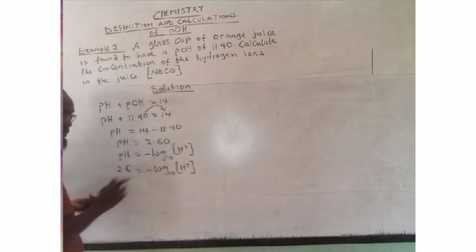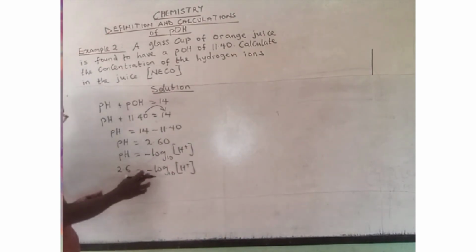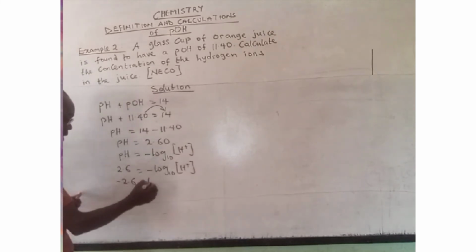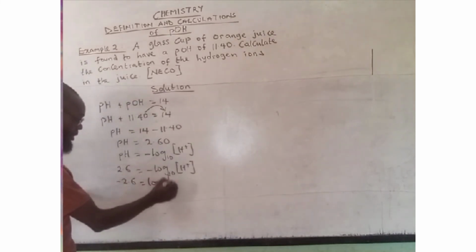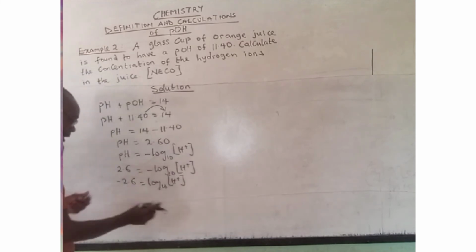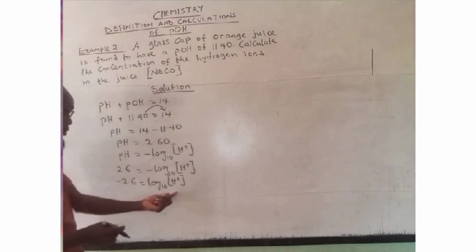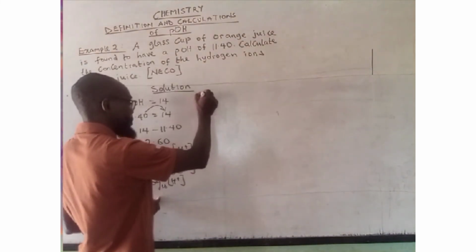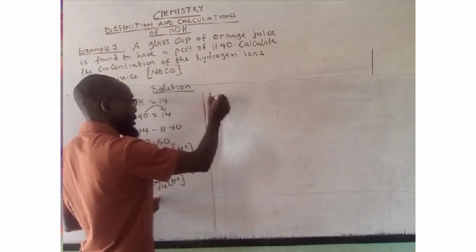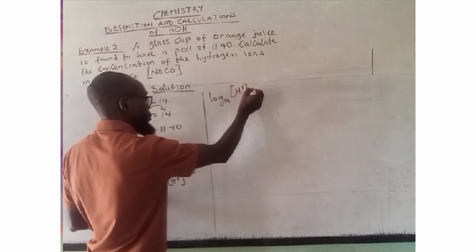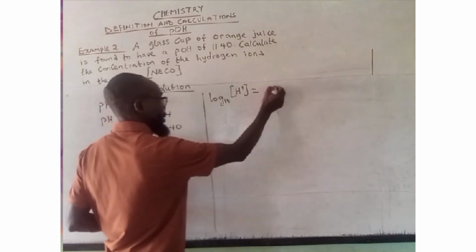Let's multiply both sides by negative 1. So here we have minus 2.6 is equal to log to base 10 of H plus. Now let's take the unknown to the left hand side and the known to the right hand side. We have log to base 10 of hydrogen ion concentration equal to minus 2.6.